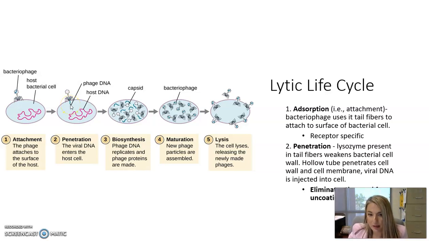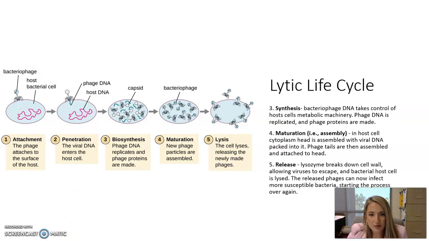Eventually this bacteriophage DNA is going to basically hijack the bacterial cell. It's going to destroy the bacterial cell's DNA and manipulate the bacterial cell into producing thousands and thousands of additional bacteriophages. So in the next stage, we get to the synthesis stage.